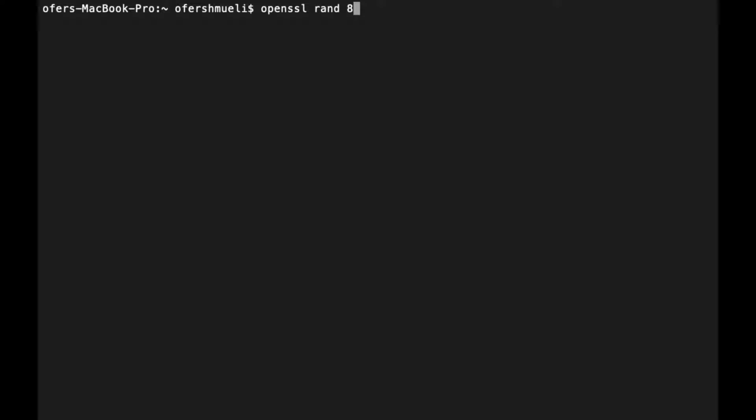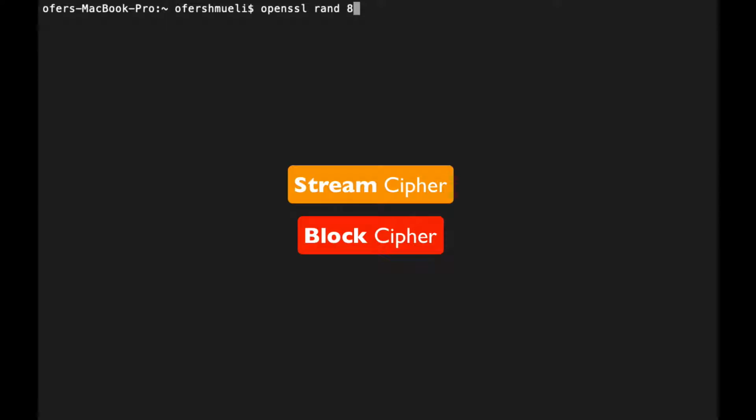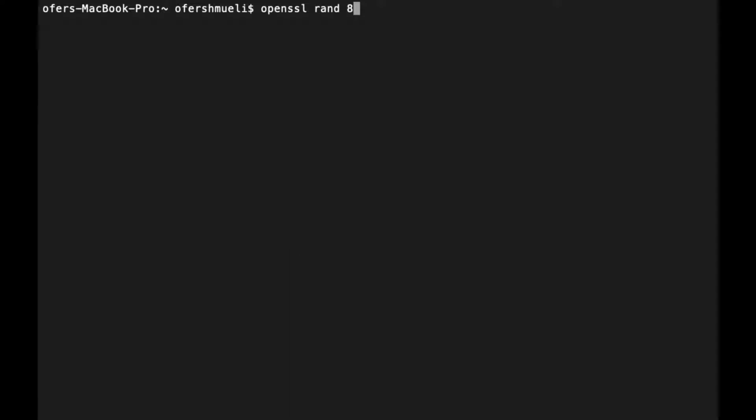They either encrypt in blocks of data, which are usually 64 bits or 128 bits, or they are stream ciphers, which encrypt 1 byte or 1 bit at a time. So we need to make our key the same size as our block size.